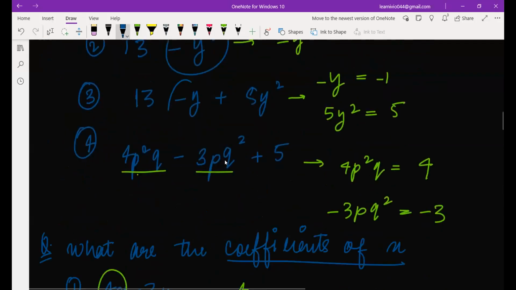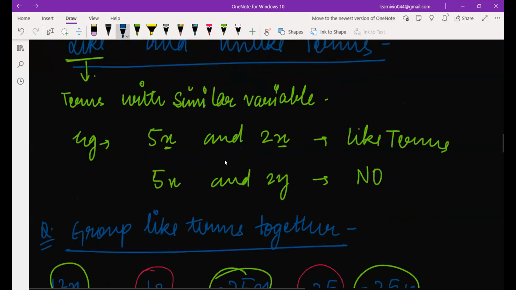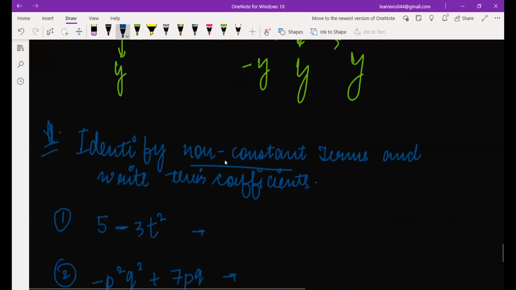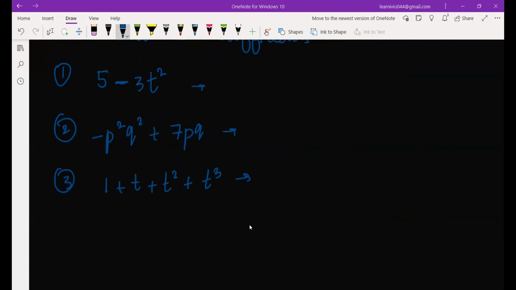Here, minus y and 5y square. That means see, like 4 is constant, xy is not constant, right? So do this question. This is a similar question. Can you... What happened? Nothing, ma'am.